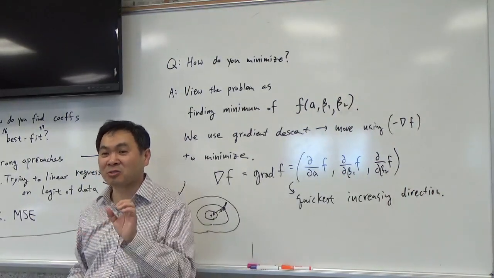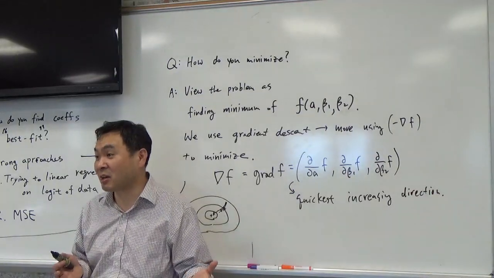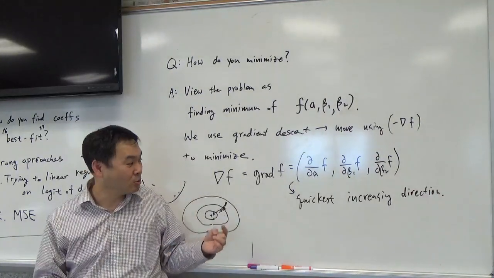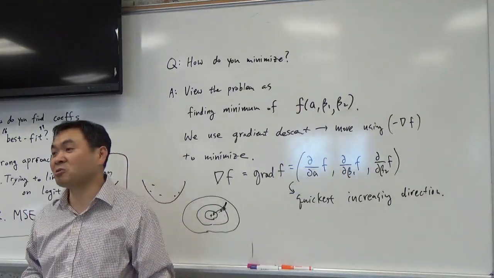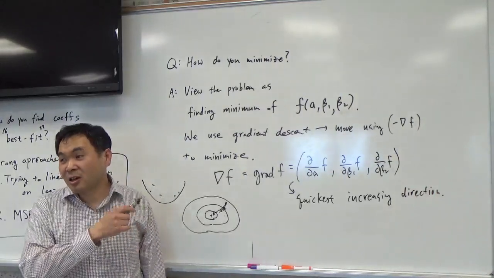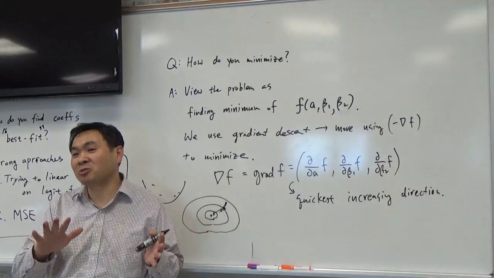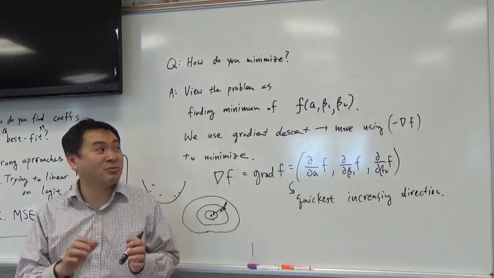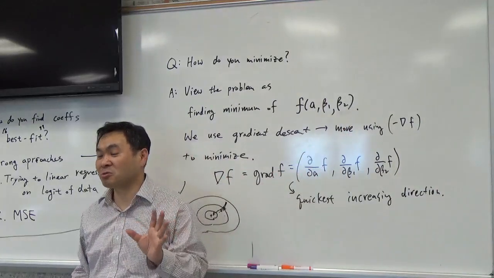Even if you have 1,000 samples and you're not using the entire population, it still gives you a good idea of what's happening, right? So using samples at each stage rather than the entire population, that's called stochastic gradient descent. Okay? So under the hood, something like that is being used, and eventually you end up with the best fit for A, beta 1, beta 2, and that can be used to classify.